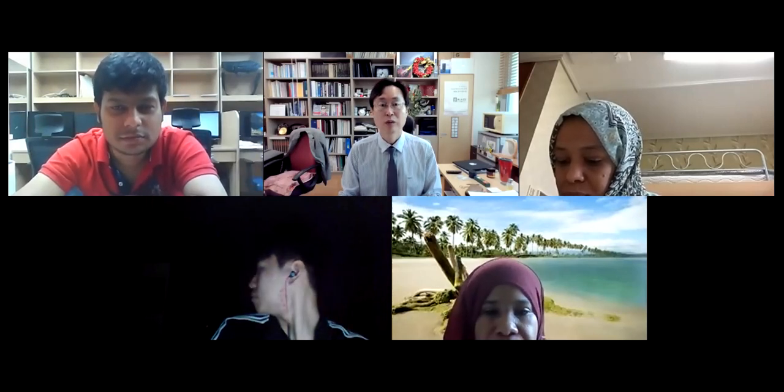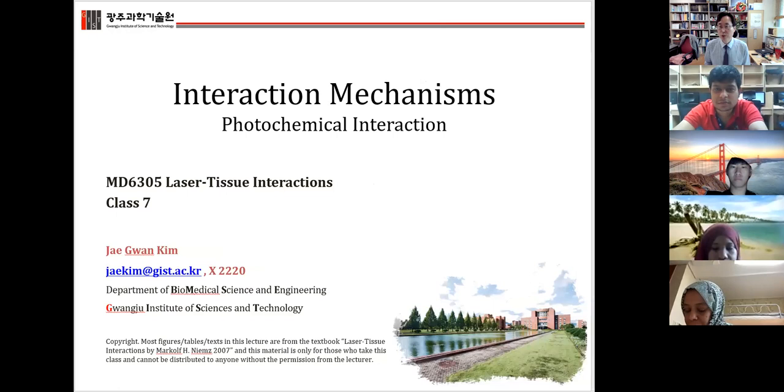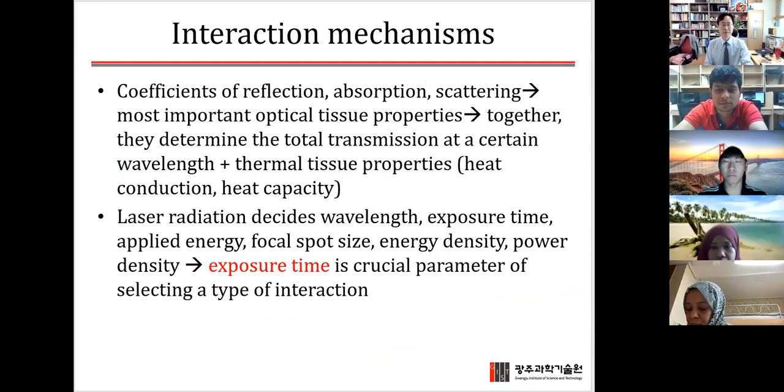Okay, let's start. So briefly go over the last class materials. When you're using the laser for doing something for the tissue, there are a few parameters that you can control.